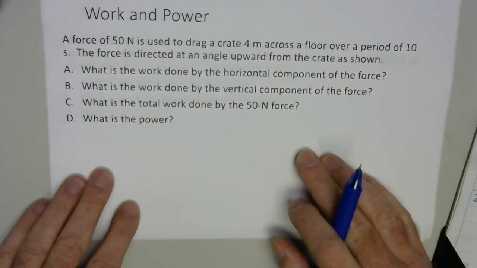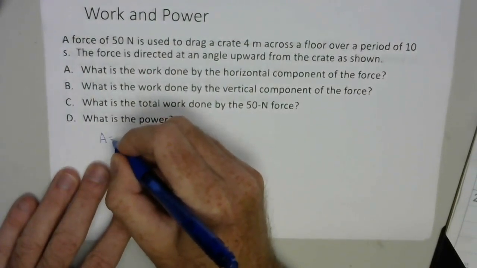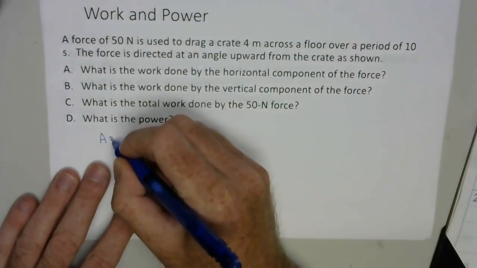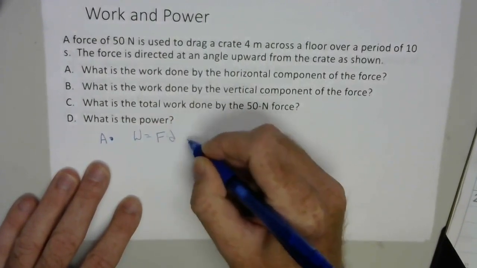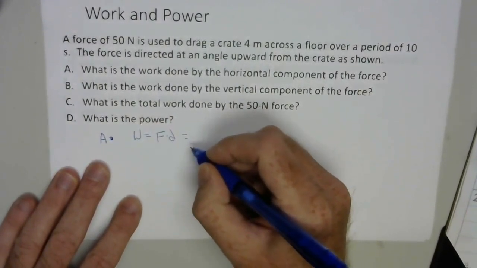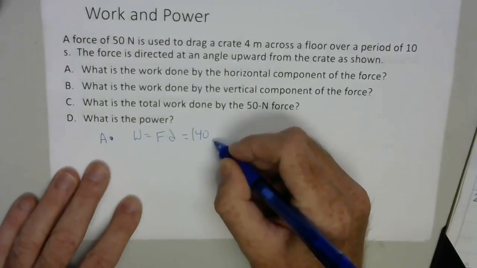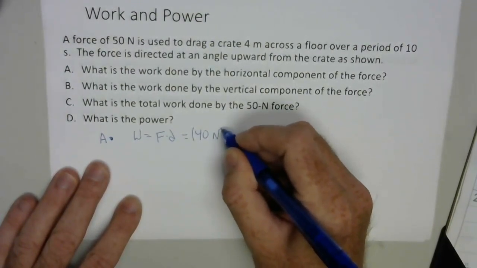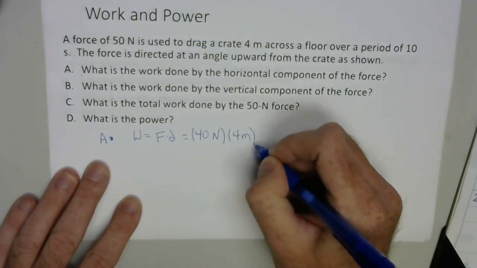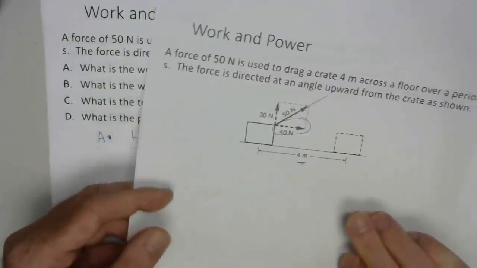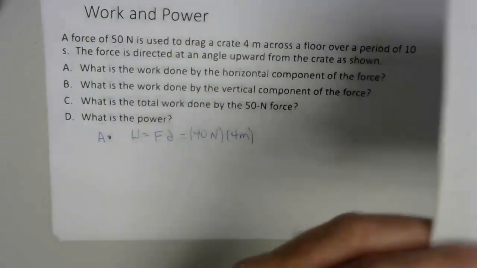So we want to know what the work done by the horizontal component of the force is. Just like we were saying, for A, work equals force times distance. So work equals the 40 Newton horizontal force times the distance of 4 meters, remembering that from our diagram, this is the only component of the force going horizontal.